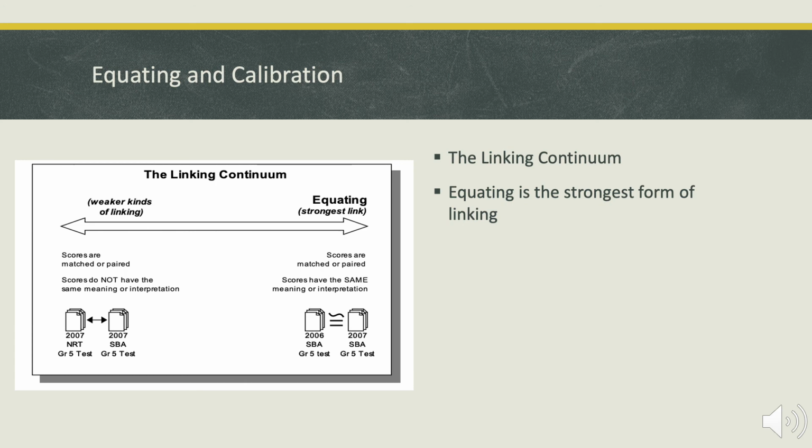Going back to classical test theory, if we equate under classical test theory, we would create a table for converting raw scores on one test to the scale of the raw scores on the other test. However, doing it under this framework lacks a strong theoretical basis. When equating, it's stronger to use the IRT model over the CTT model. It's more of a mathematical model.